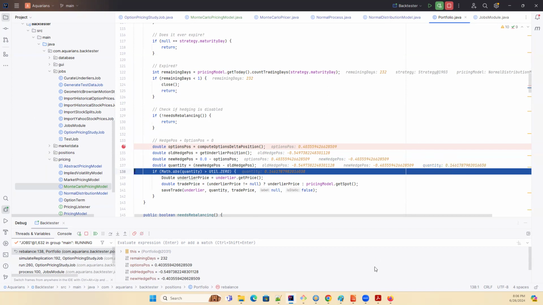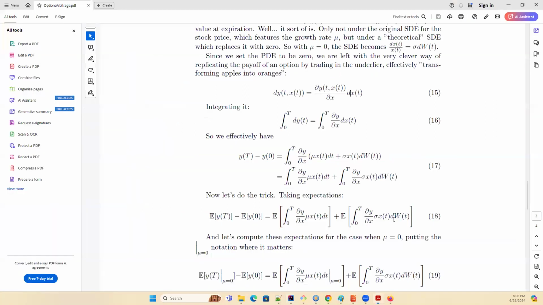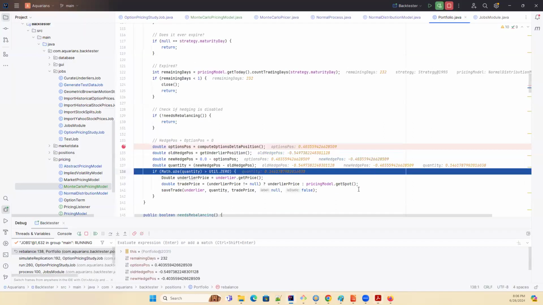So this is pretty much what all this integral of derivative times delta stock does. You just have to rebalance the position in the stock over time and always hold the opposite of the option's delta position. So this is, in practical terms, all this mathematical fuss.